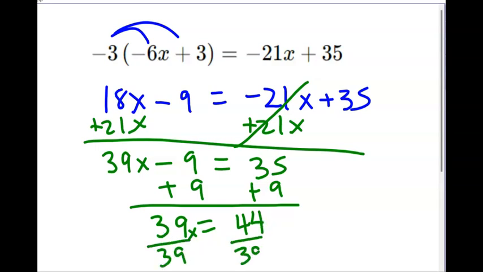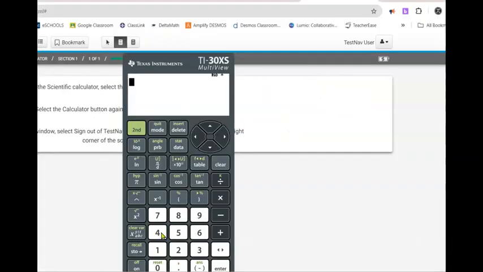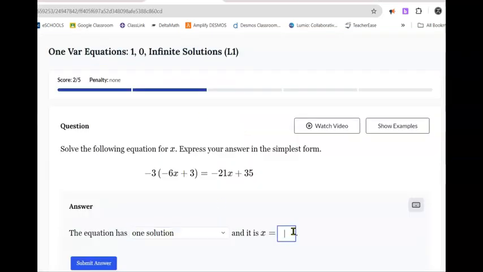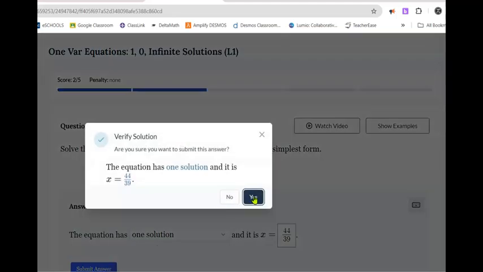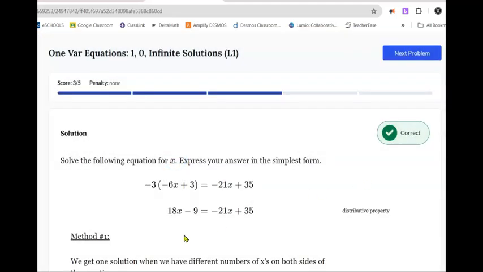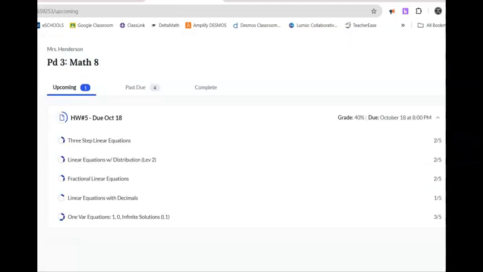And I'm pretty sure if I divide 26 by 39, I'm going to get a pretty wacky decimal. So 26 divided by 39 is wacky, so I'm going to put it in a fraction and just see if it can be simplified. And the answer is no. If it could, it would tell me the fraction in a different way. So 26 divided by 39 is our crazy one solution. And that's it. That is homework number 5.